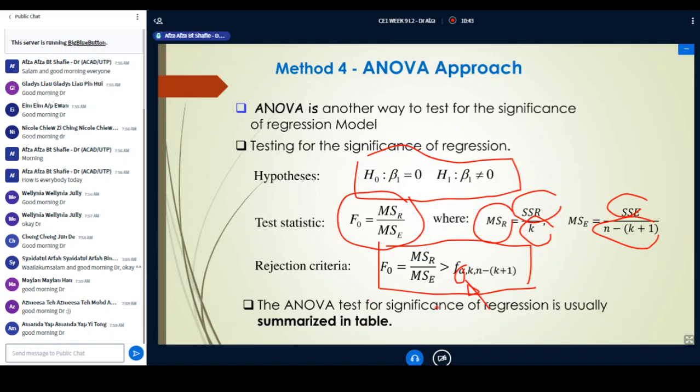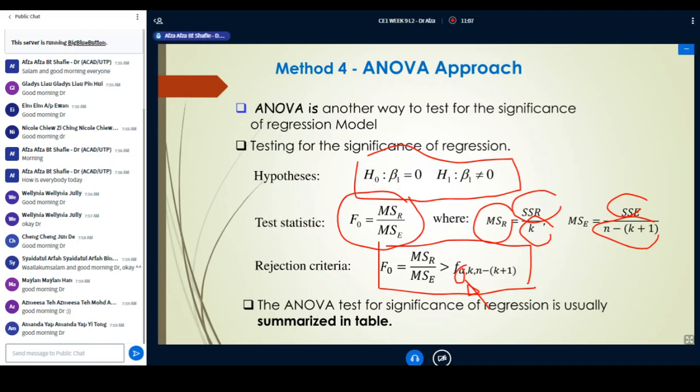It's a skewed distribution, so you don't have the alpha over 2. You basically have this side. So it's always a positive value. It's a right tail test most of the time. Okay, right. So this is what we basically have.